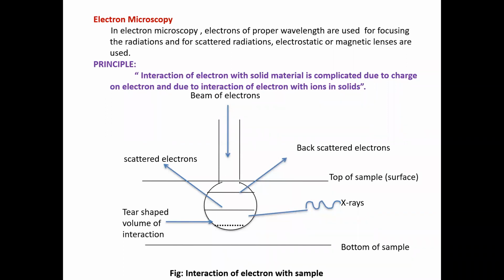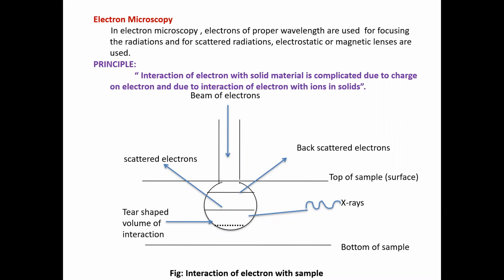Due to the rotation, different sides of your sample interact with the wavelength, and the scattered light makes angles between the incident and the reflected or scattered light. Those scattered angles we record with the help of photographic plates. That is the working of X-ray diffraction.